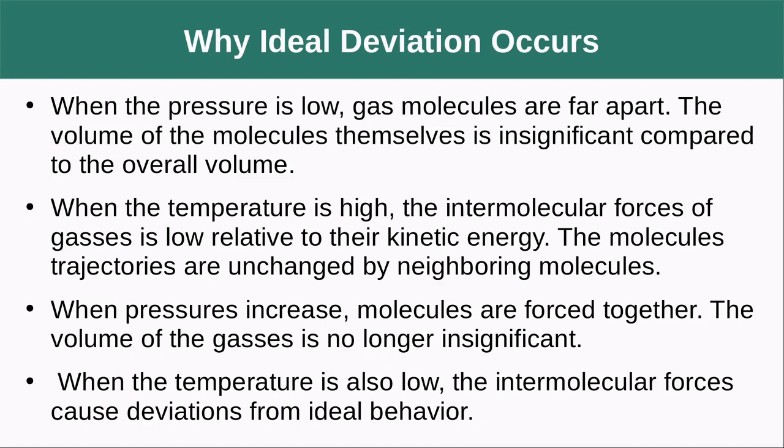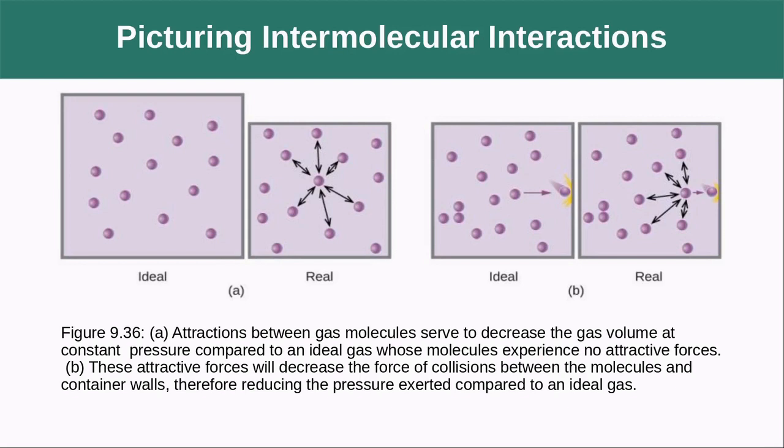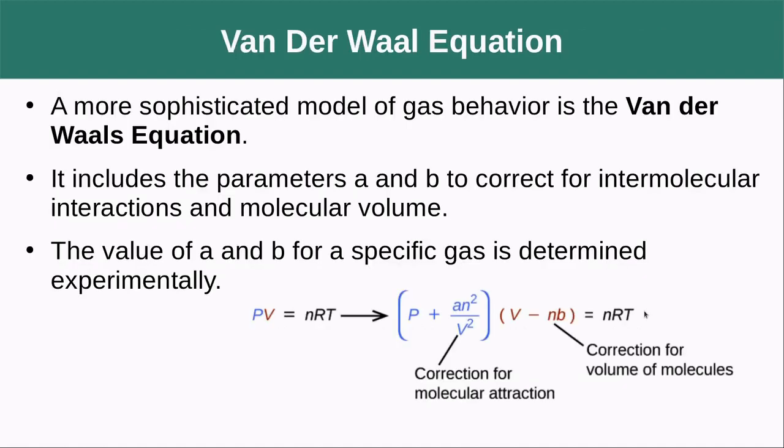When the temperature is low, intermolecular forces can cause deviations in the molecules' trajectories. We can picture that here: as we shove them together, we get all these interactions that cause different trajectories for the gas molecules.